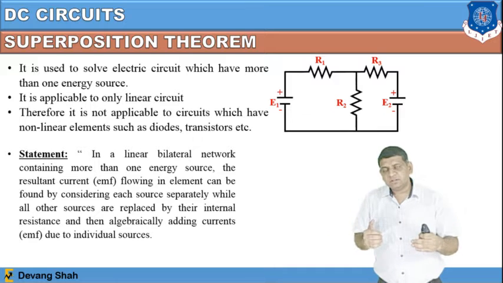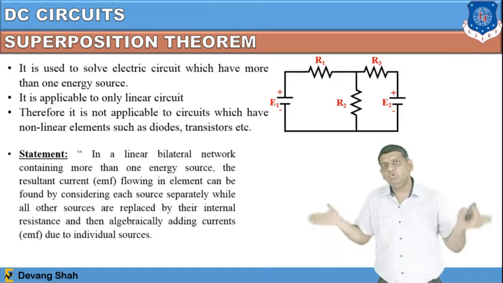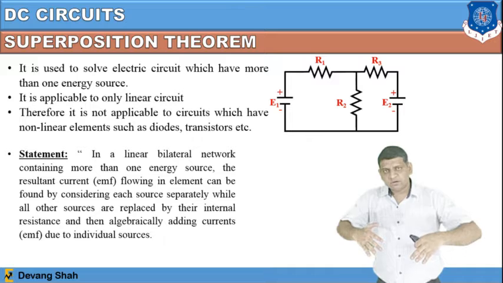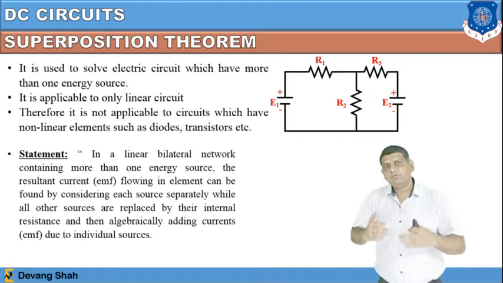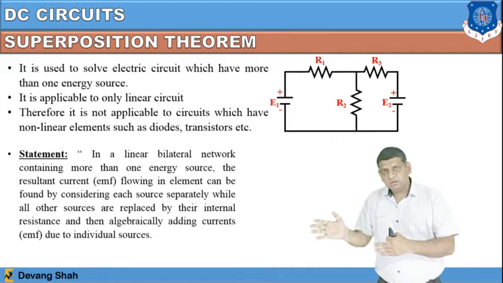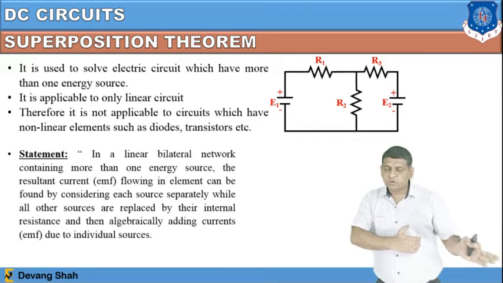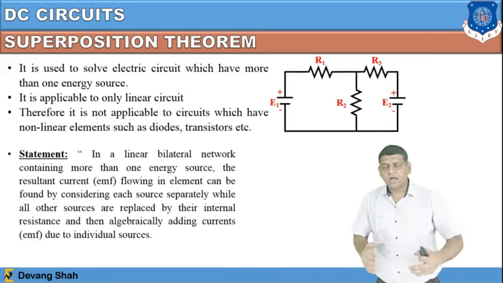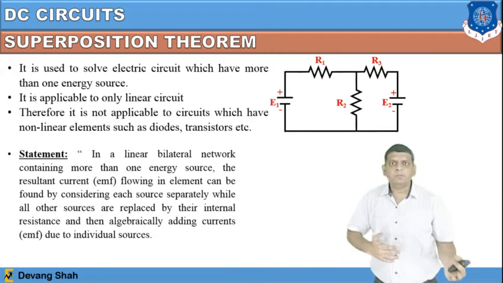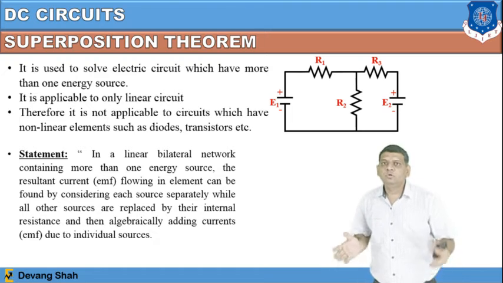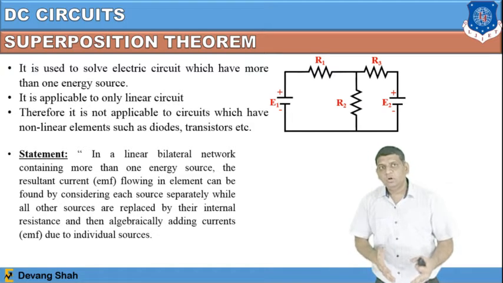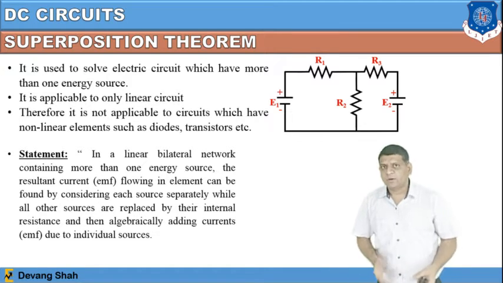Simultaneously you cannot take two voltage sources together. So first you take the effect of E1 and calculate it, then you take the effect of E2 and calculate it. Finally, you algebraically add or subtract these two effects, the current passing through resistor R2 or the voltage drop across R2.